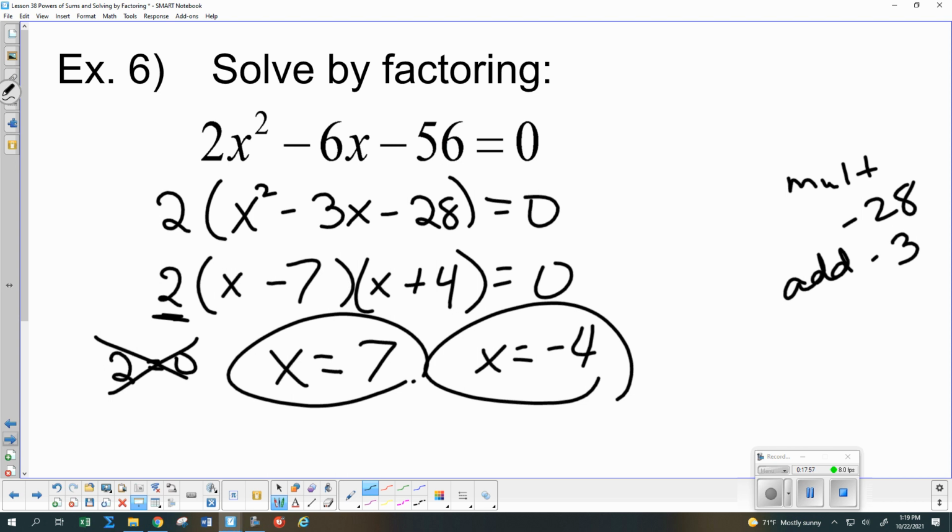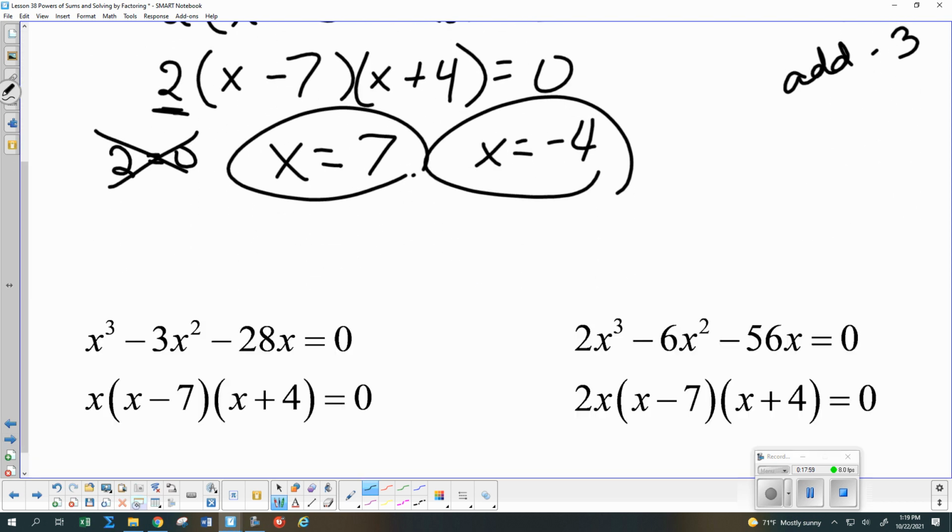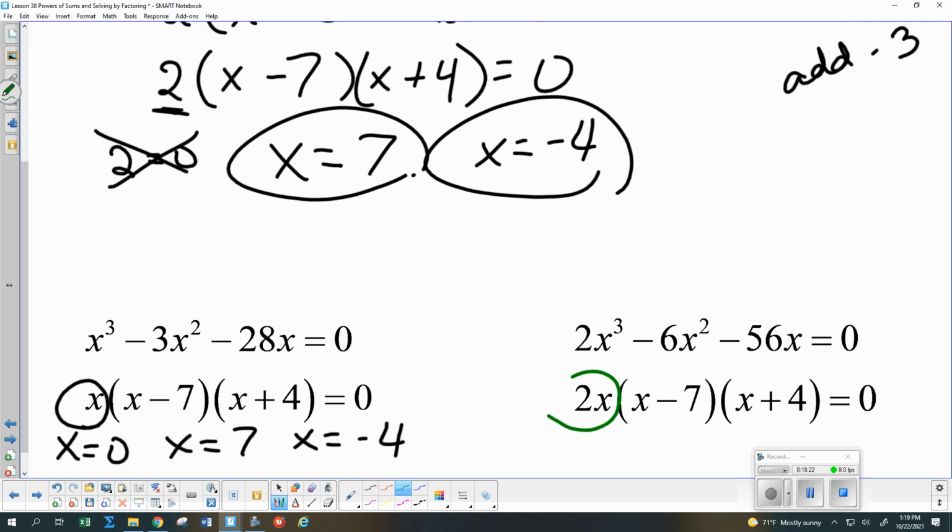Wait a minute. There's slight variations on this. Same problem, except now instead of the 2, if it's just an x out in front, that does give us the solution, and then we still have the other 2. Sometimes we might have a GCF that has numbers and variables. Can 2x equal 0?